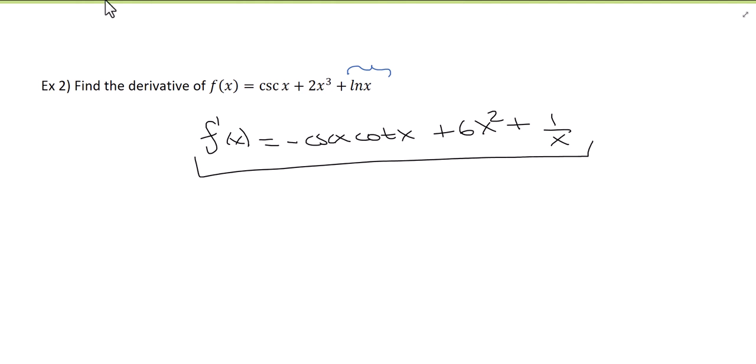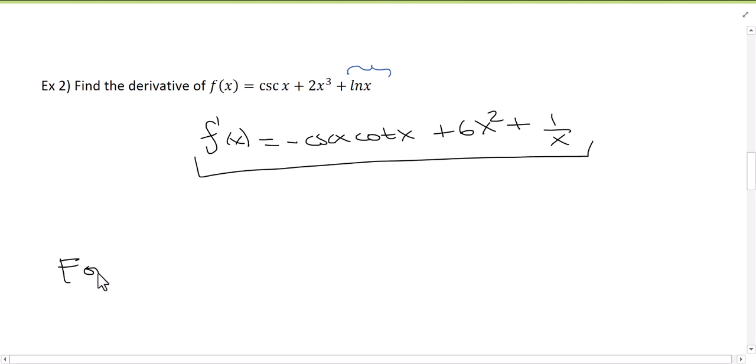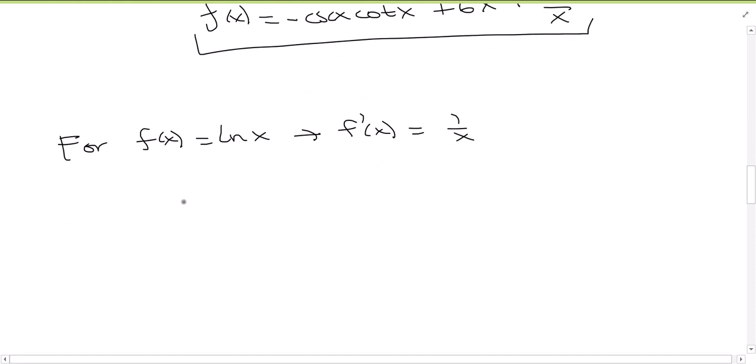So let me recap. For f of x equals ln of x, the derivative is 1 over x. Now what about including the chain rule here? If I have f of x equals the natural log of stuff, what do you think the derivative is going to be? The derivative of natural log of x is 1 over x, so whatever is inside the logarithm becomes the denominator.